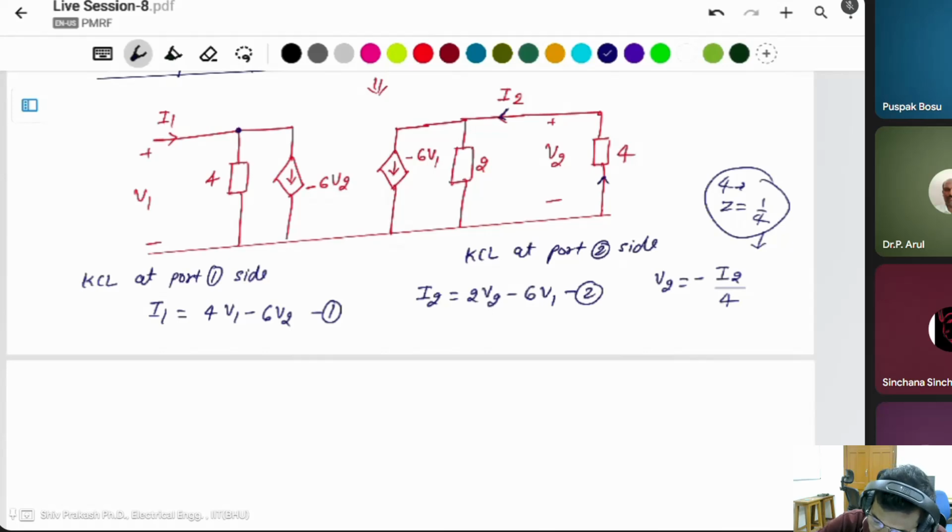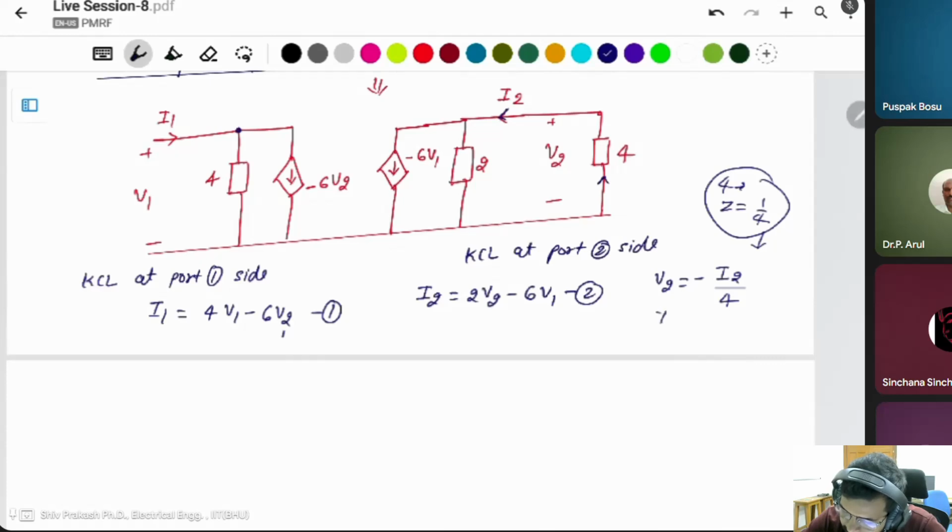You have to find I1 and V1. To do that, we have to replace V2 in terms of I2, then put the value of I2 here and find the voltage V2 in terms of V1.